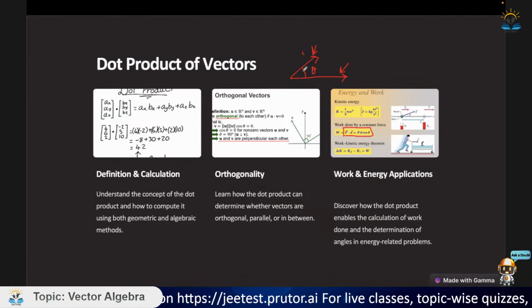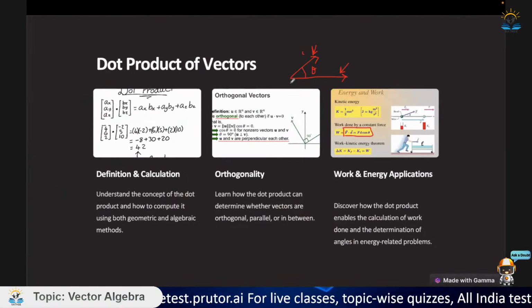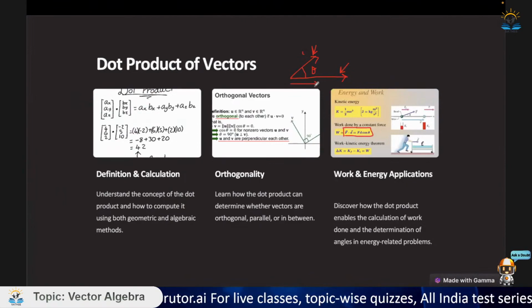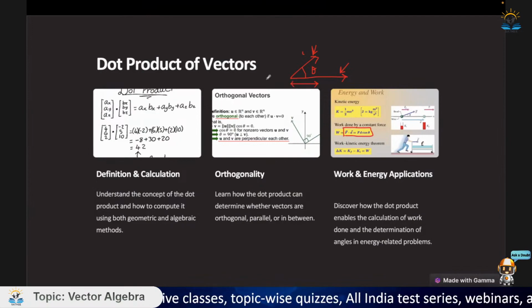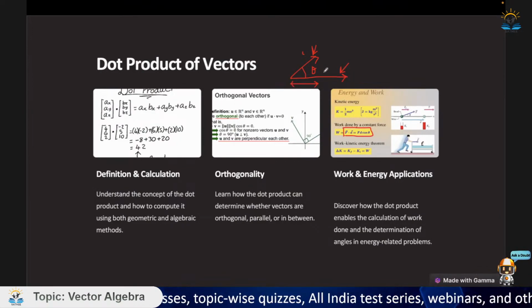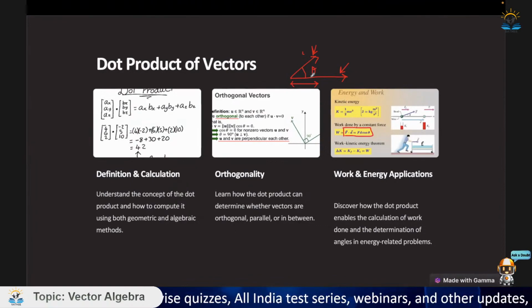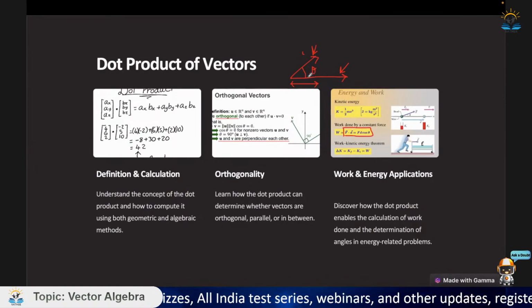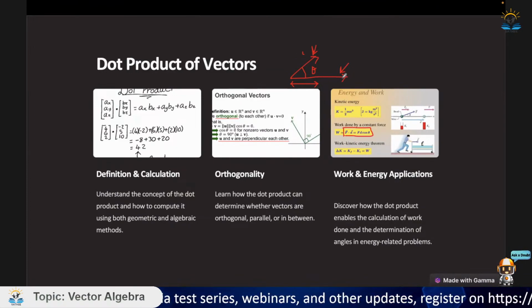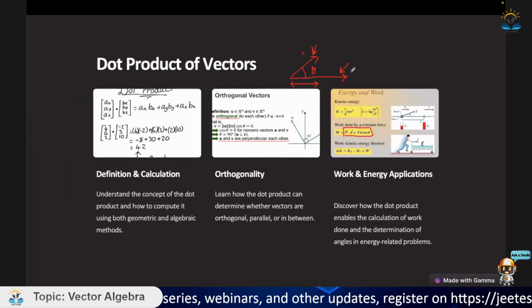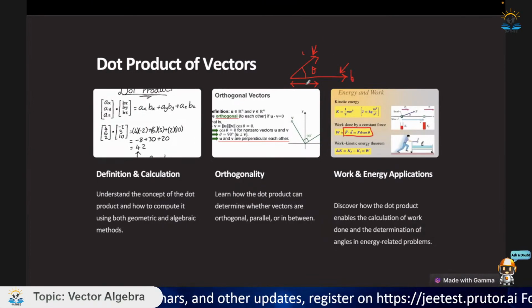Projecting means we have to calculate this length. So it is a dot b. If we do a dot b, it will come as magnitude of a, magnitude of b cos theta. But this length is a cos theta, so we have to divide by magnitude of b. This is b and this is a.